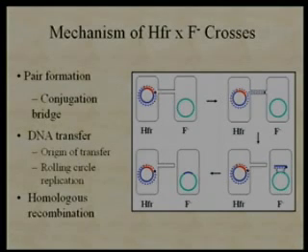So by this type of transfer, you can actually transfer larger pieces of the donor chromosome than you could transfer, for example, by transduction. What limits the amount of genes that can be transferred by transduction is, of course, the size of that phage head. You can only put a certain amount of DNA into that phage head. Here, you're not constrained by that. You could transfer much larger pieces of the donor chromosome depending upon what shear forces are present in the environment. Okay?